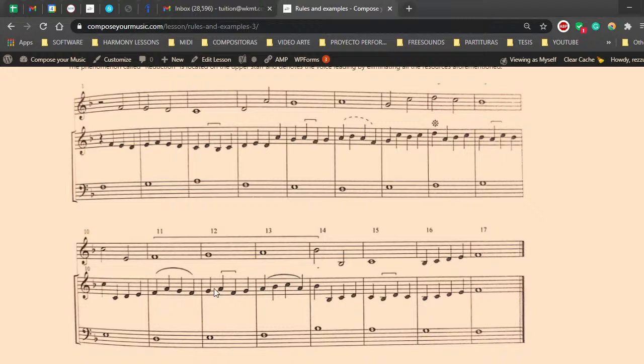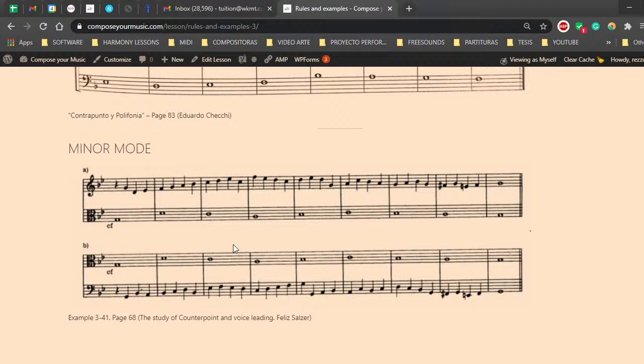Whenever you have these skips or double neighborings, you're prolonging something. When you change the direction of the melody, you're doing something quite dramatic. You're changing even the species, from the first species to the second. So, again, try to use the skips or the leaps wisely.